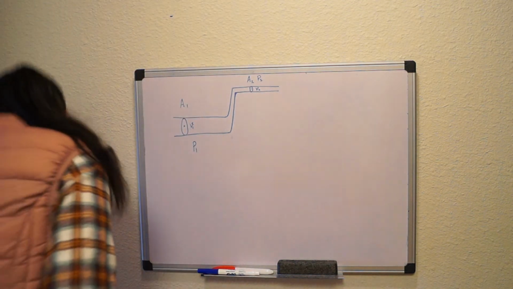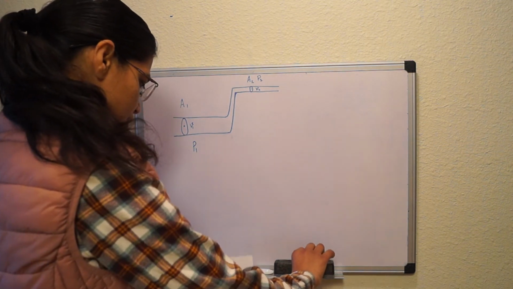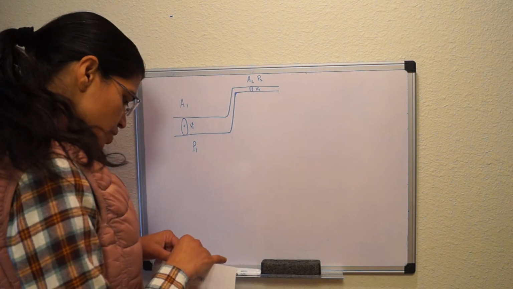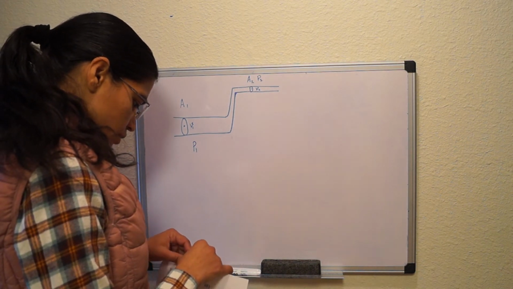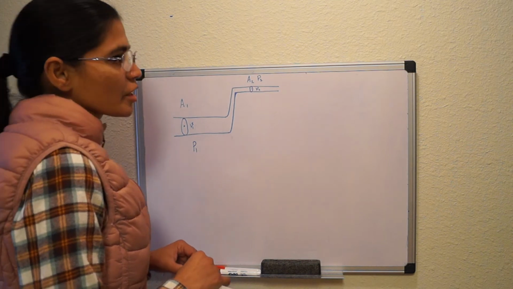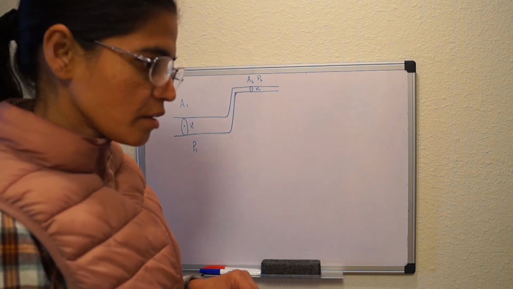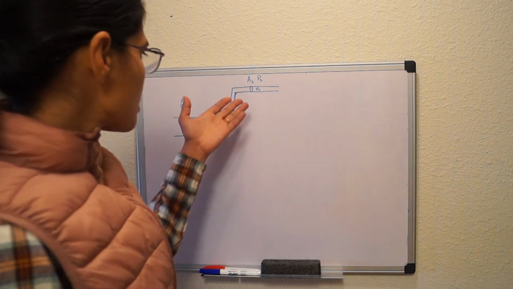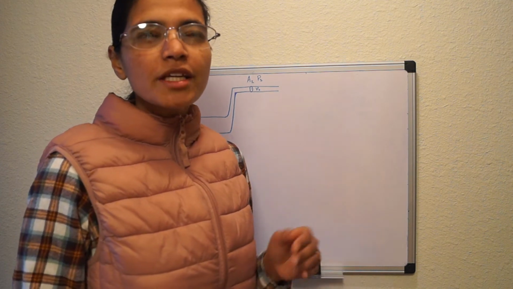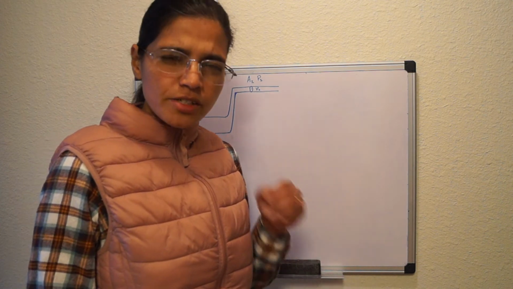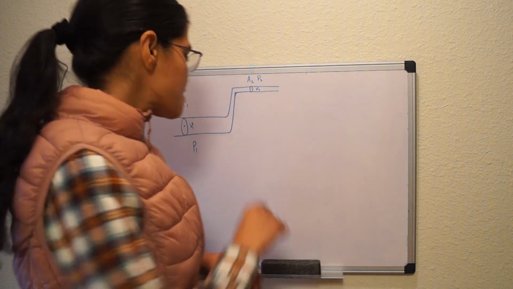Okay, so even the continuity equation talks about how the speed changes as the diameter or the cross-sectional area of the tube changes, but it doesn't really tell us why that change happens, or what really the change in speed means.